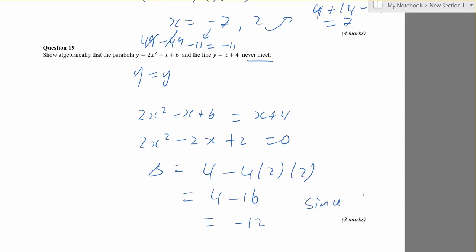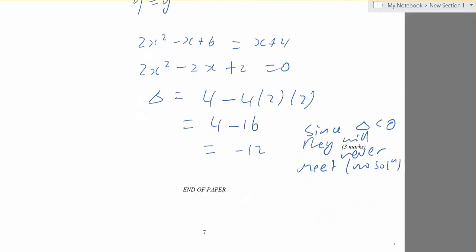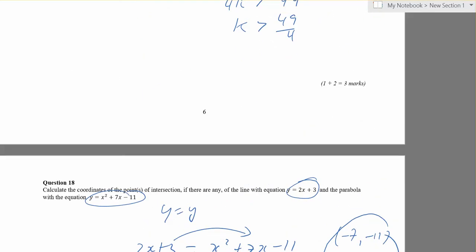Since discriminant is less than 0, they will never meet. So no solution. So that's the whole of the paper. Hopefully that gives you an idea how to approach this. If you need to pause at any time, make sure you do.